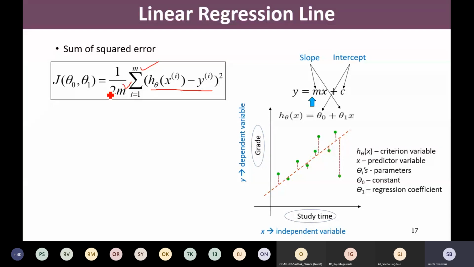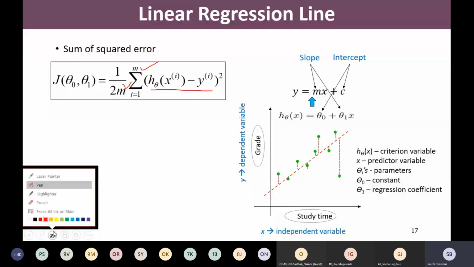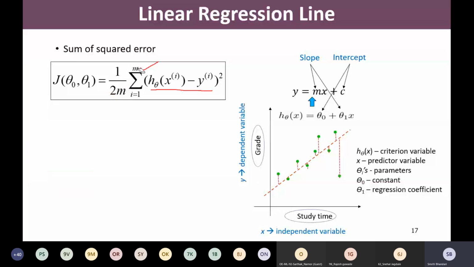And what mathematical convenience I am talking about, we are going to look at it a bit later whenever we go for optimization. But now just remember how we have defined this error function.